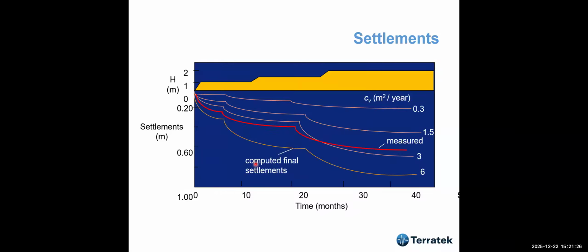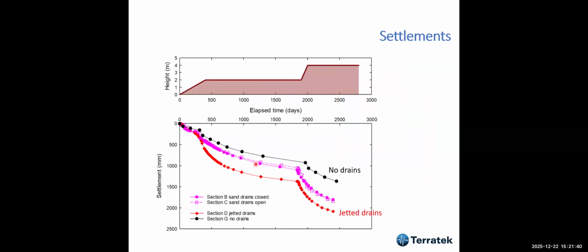And here we have the settlements. We did calibrations. This is the section with no drains, and here are some sections with drains. So we found, with no drains, that was the settlement. The embankment was raised to 2 meters, and much later was raised to nearly 4 meters.